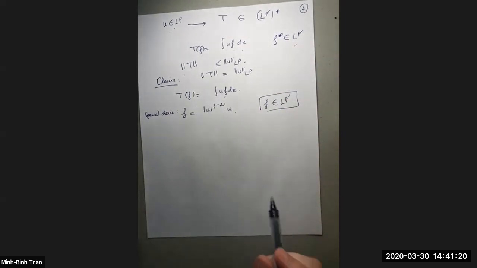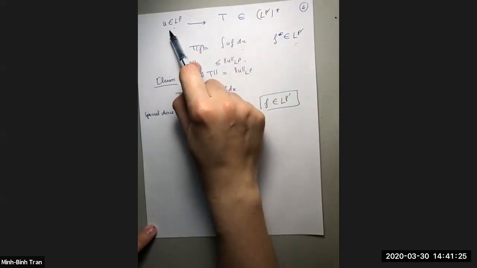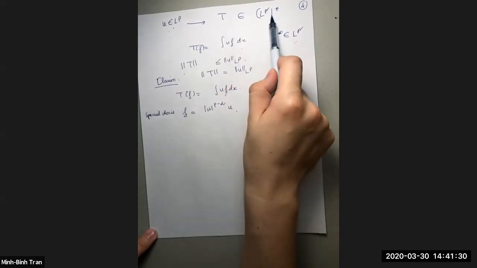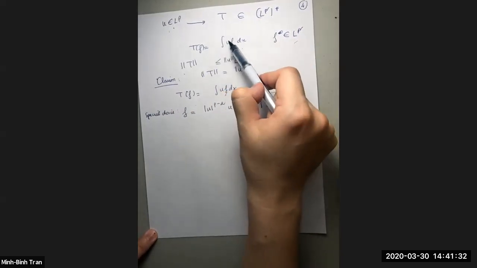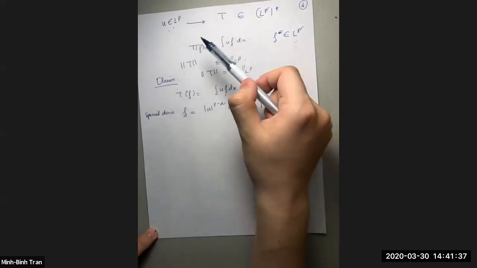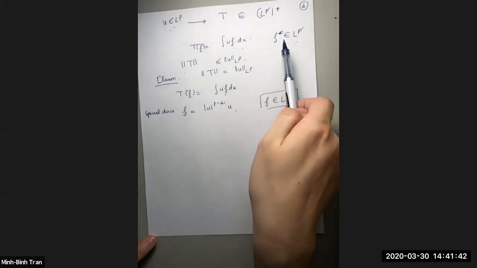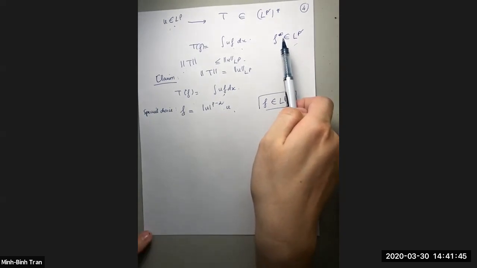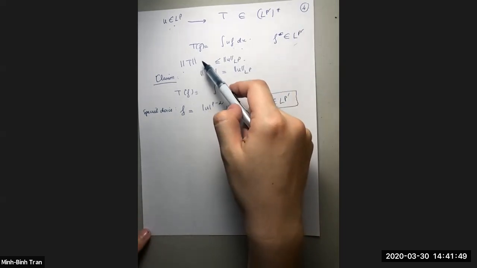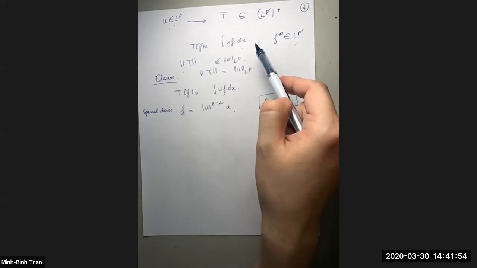So that this mapping is well defined if I plug this value into the mapping, right? I explain again. From the previous discussion, for each u in L^p, there is a linear map in (L^p')*, which is defined to be the integral of u times f dx, and I iterate, this is the linear map, and this is bounded because of the Holder inequality, and the norm of this linear map will be smaller than the norm of u in L^p, which is correct.